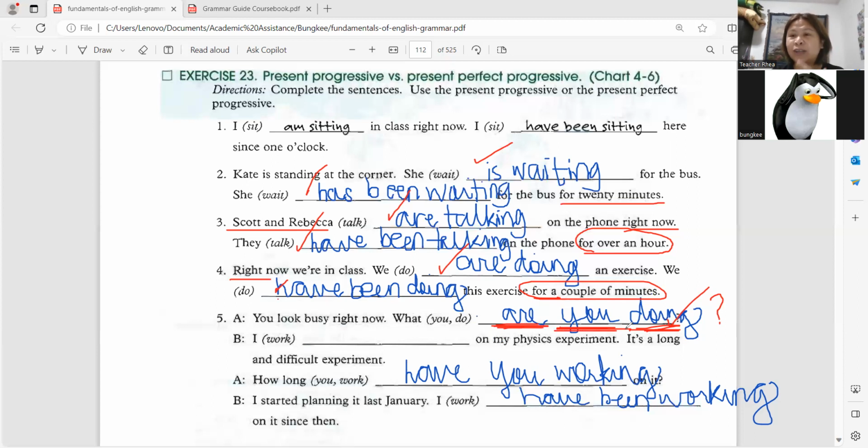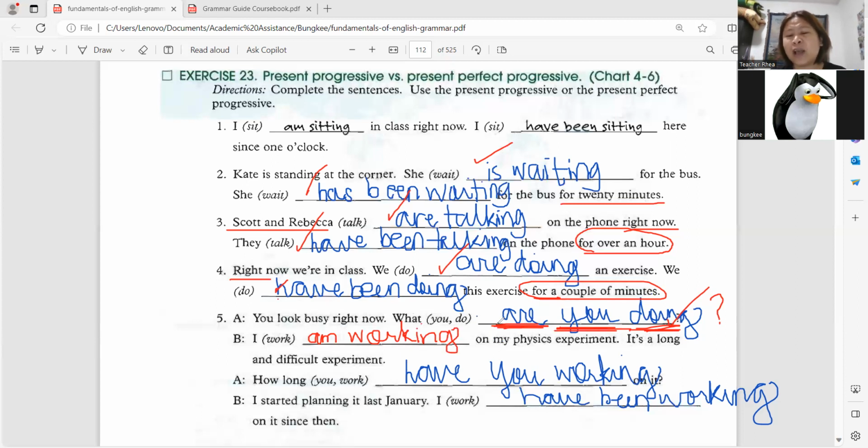If I'm going to ask you, what are you doing, what would be your answer? I am working. Oh my God, sorry. It's okay. You got confused. So I am working on my physics experiment.